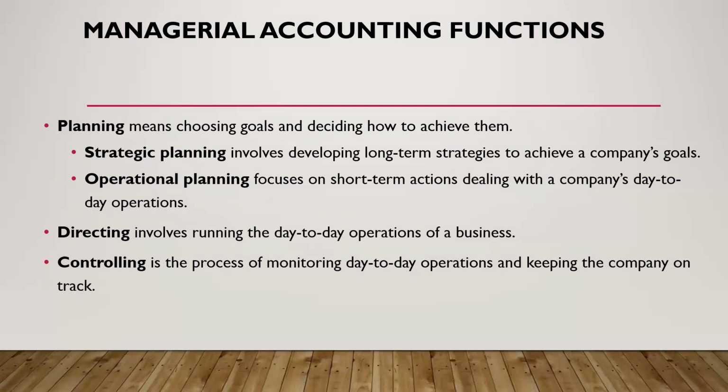The other term you see here is controlling. Controlling is the process of monitoring day-to-day operations and keeping the company on track. Controlling involves comparing actual results to expected results.